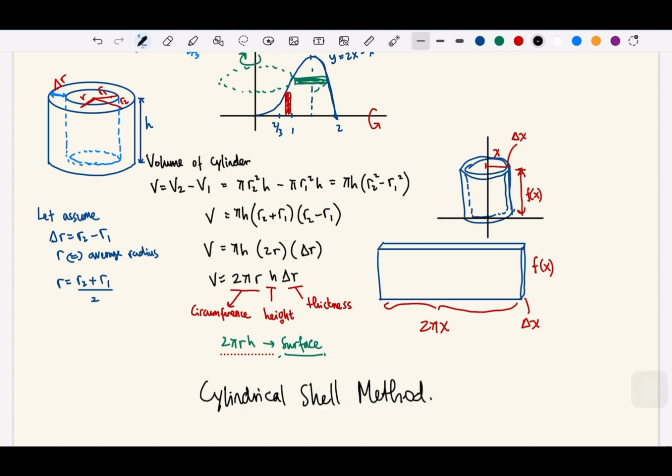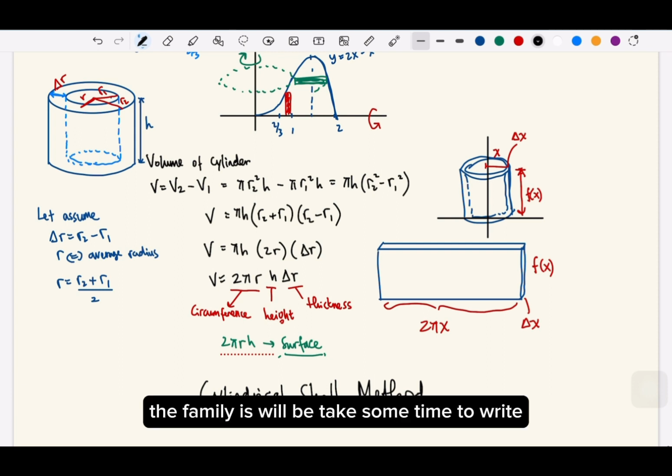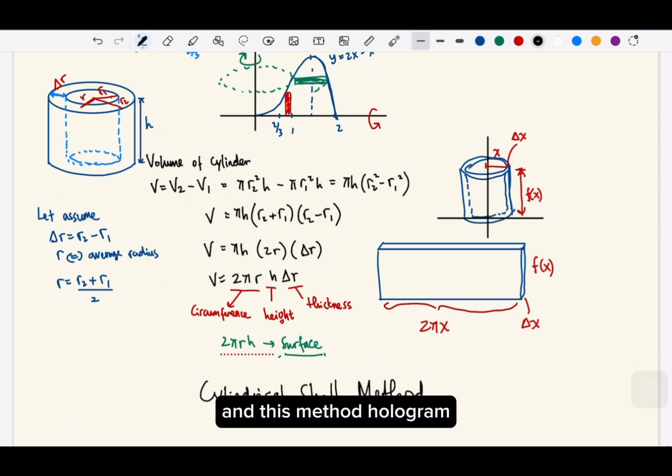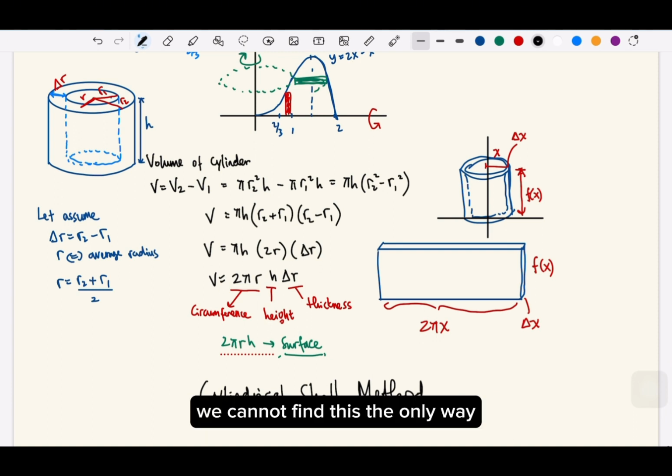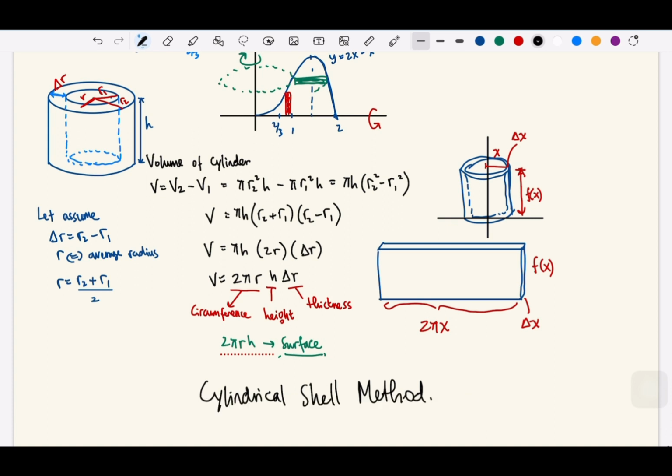But sometimes it will take some time to write. But this other method, however, if you could find it, I think it will be very direct. It will be a very simple approach. But if you cannot find it, then the only way is cylindrical shell. Okay. So that's it.